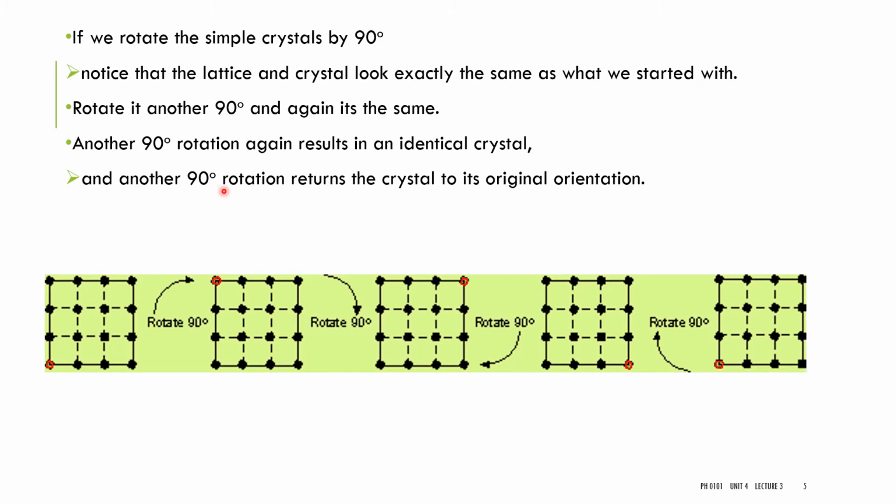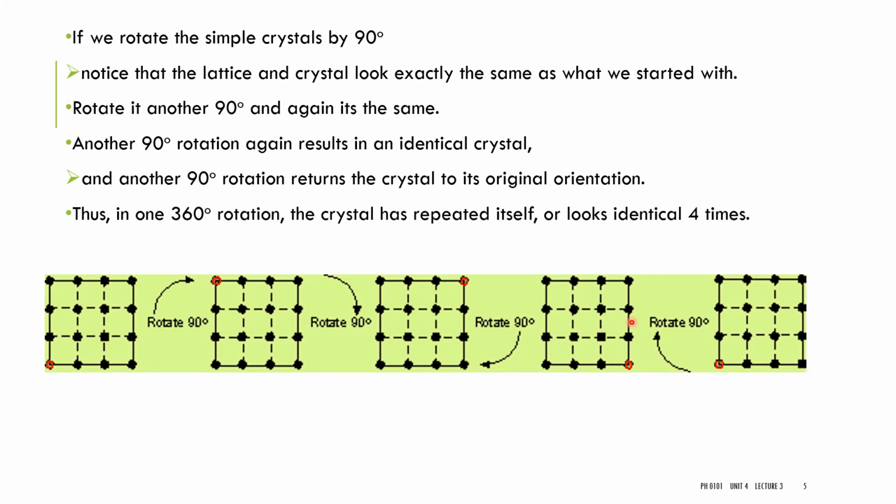And another 90-degree rotation returns the crystal to its original orientation. Hence, in one 360-degree rotation, the crystal has repeated itself, or looks identical, 4 times. Hence, we say that this object has four-fold rotational symmetry.